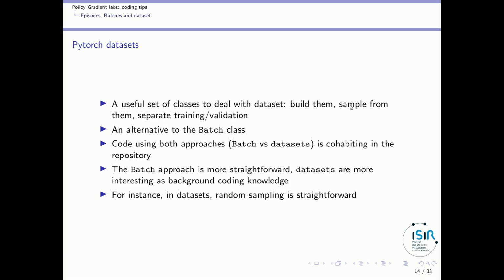It allows you to very easily sample from a dataset and to, for instance, separate between a training set and a validation set and sample either from the training set or the validation set, depending on what you are doing, etc. So it allows you to design high-level algorithms without having to care about details which are provided by the dataset classes. Okay, so that's an alternative to my episode batch classes.